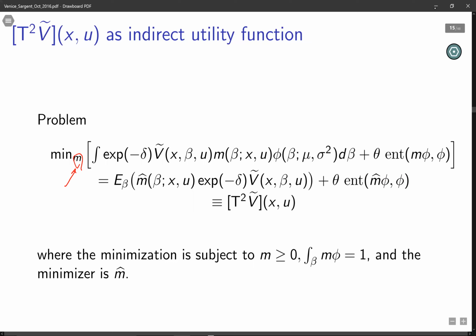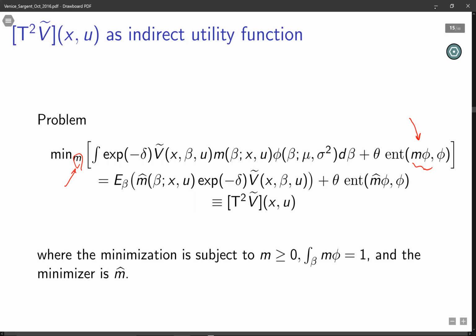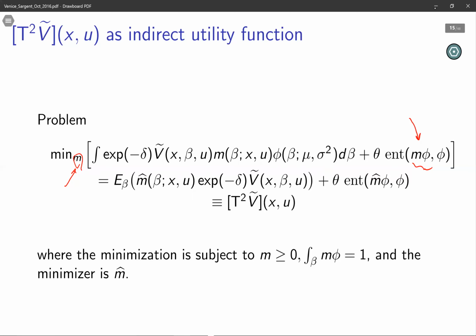So we're going to distort the density and try to minimize it. But we're going to penalize whoever's choosing the minimizer by this entropy. Entropy is a non-negative number. The more distortion this minimizing agent imposes, the worse off he or she gets.